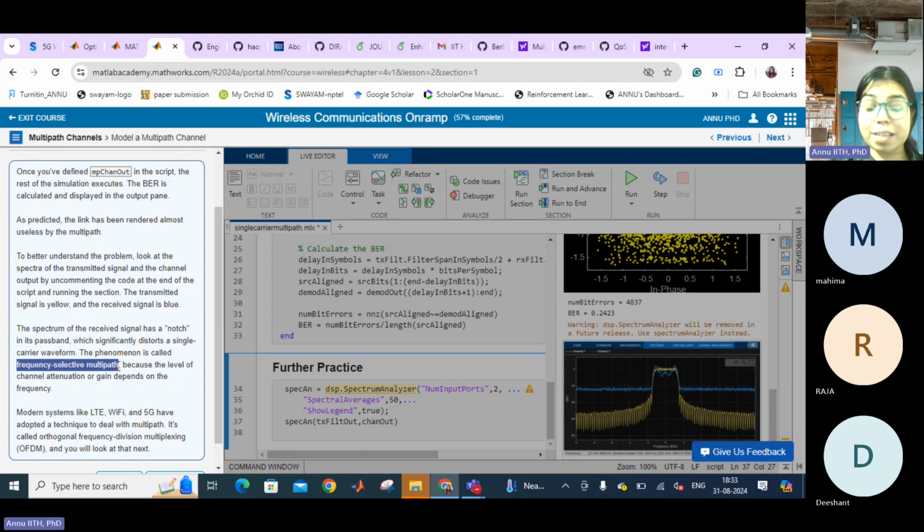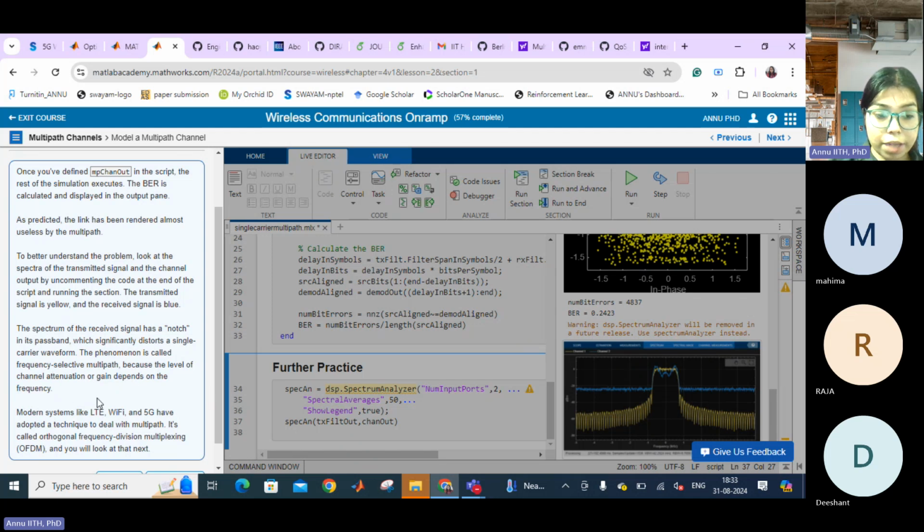This is often asked in interviews, like at Qualcomm: what is frequency selective multipath and what type of signal it will look like. It will have the property of a notch, because of the level of the channel attenuation.